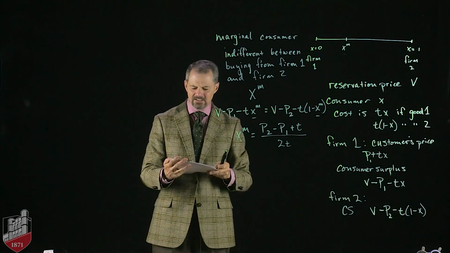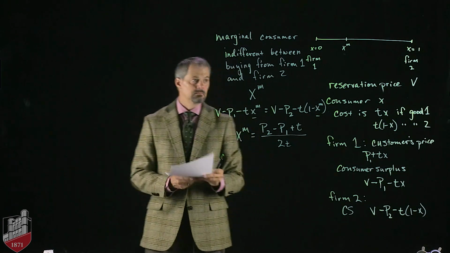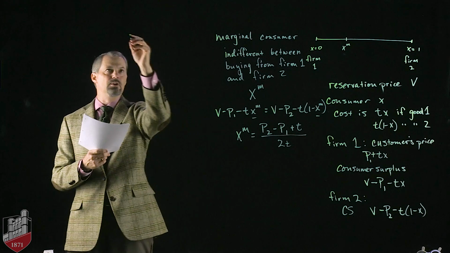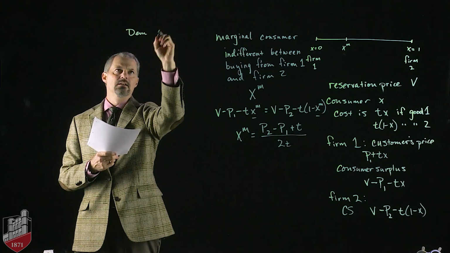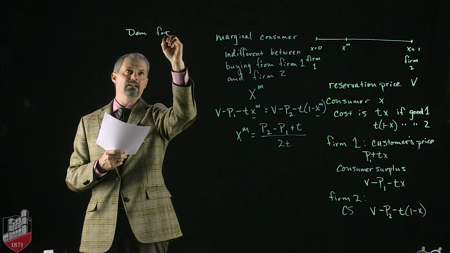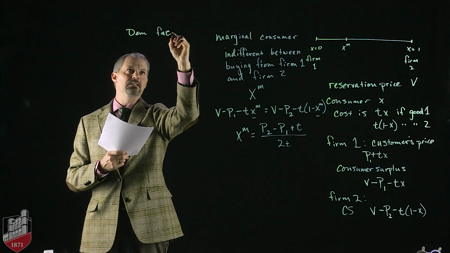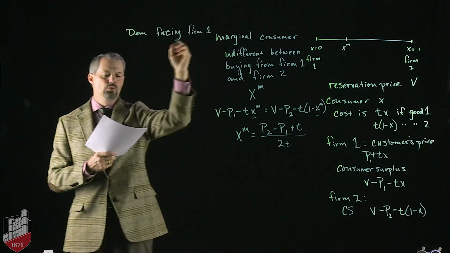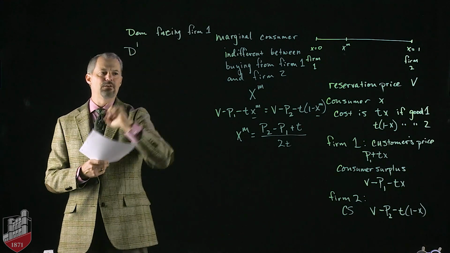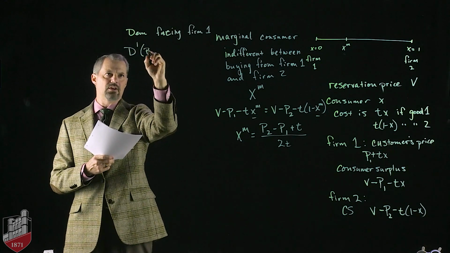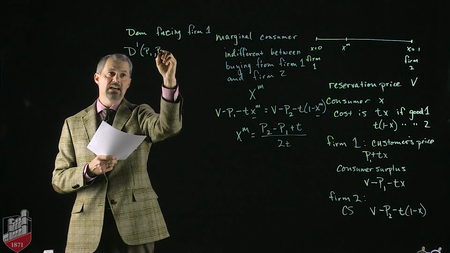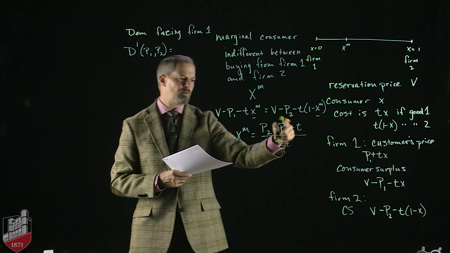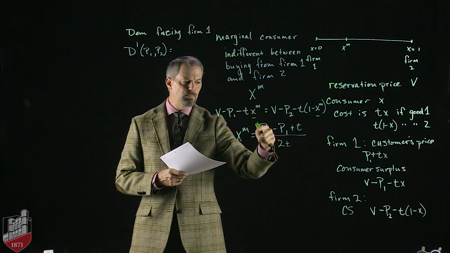Now, if we have N consumers, that's how many consumers we assumed there were, the demand facing firm 1, which of course depends on the price that firm 1 chooses and the price that firm 2 chooses, is going to be this portion.